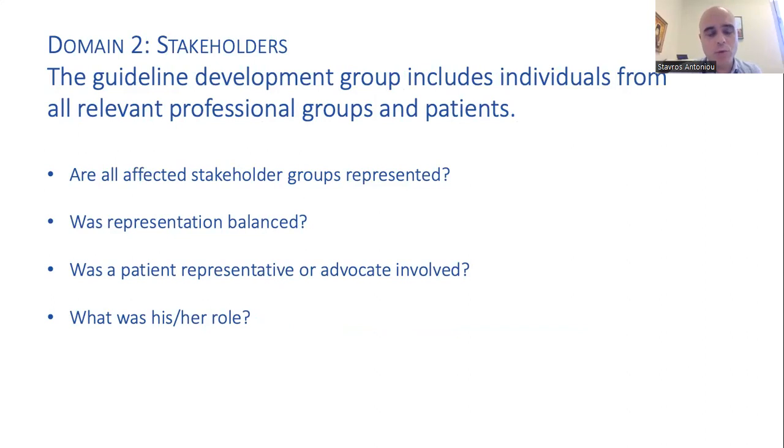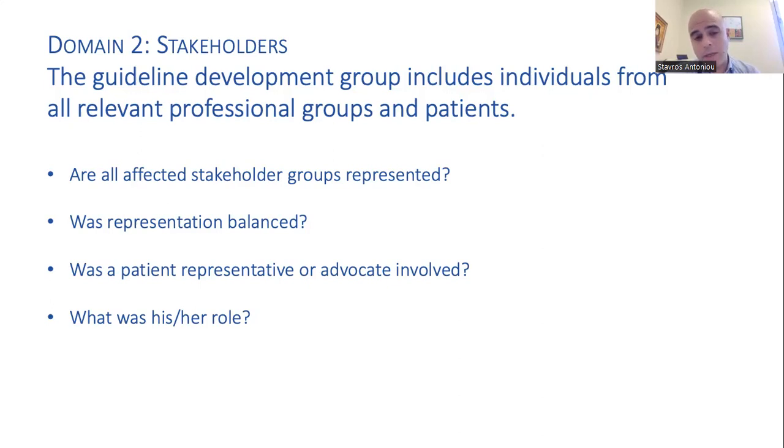We need to make sure that all affected stakeholder groups are represented in the guideline, because these are going to be the target users, and involvement of a wide range of stakeholders ensures that the topic of interest is dealt with holistically.